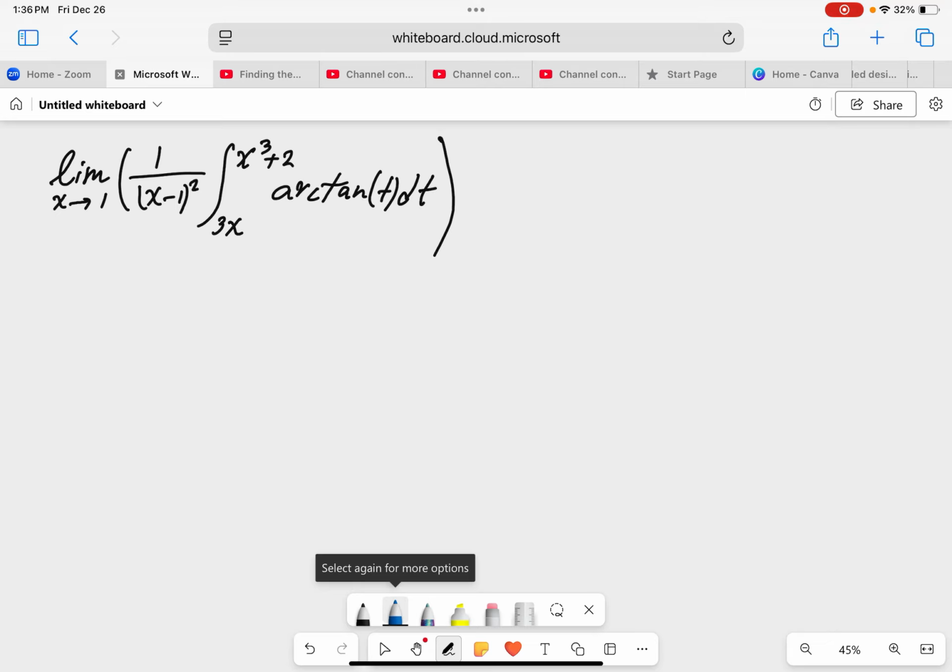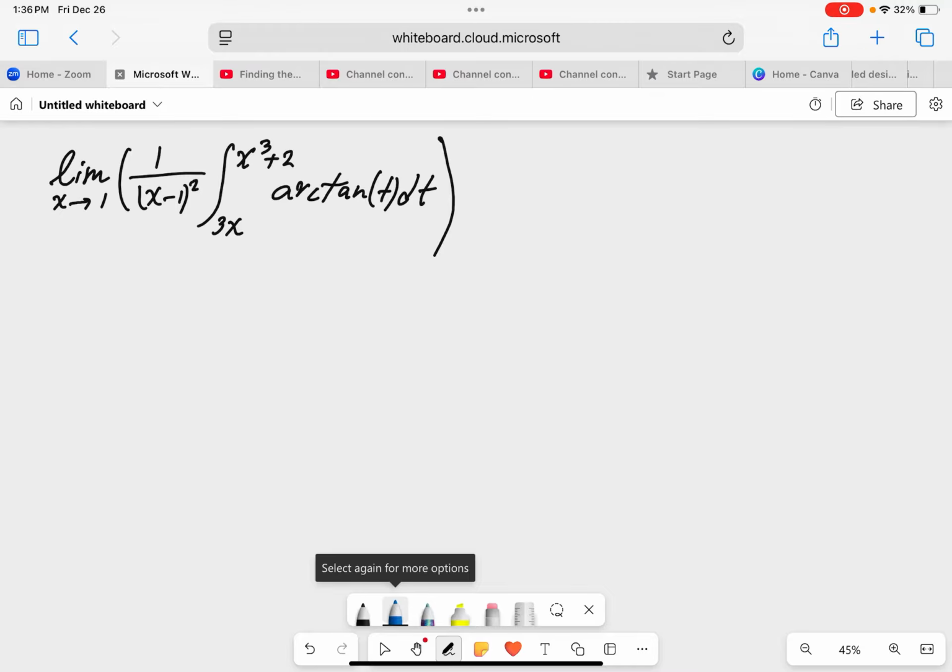So this one is about limits, and this is a little bit tricky one because it involves integration. The first thing to do to solve this limit is we're going to substitute x with 1, right? So basically it's saying what is this limit when x approaches 1.